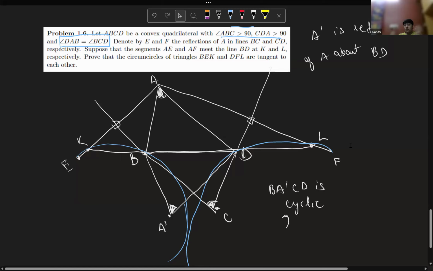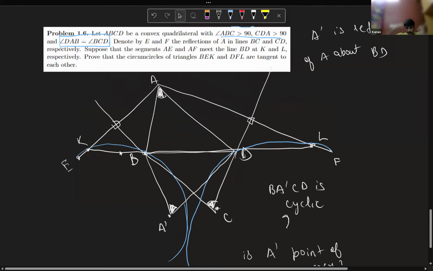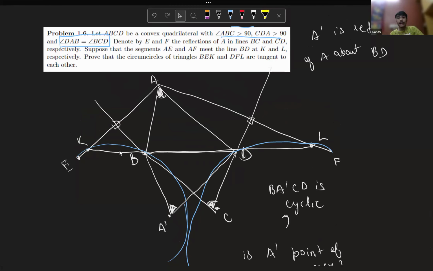Who knows, it's a great conjecture. If it were the point of tangency, let's assume it. What are the conditions that it must have? First of all, it must even lie on the circles, right? A dash must lie on BEK, and A dash must lie on FDL. Is any of that true?